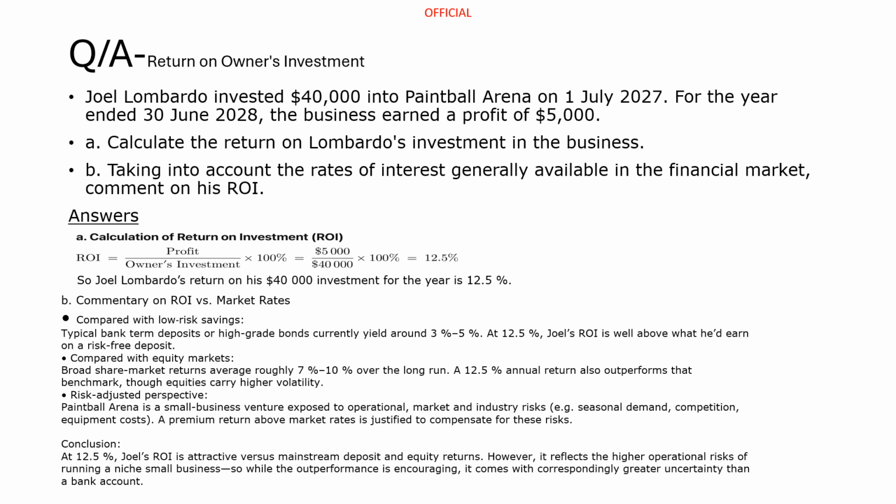However, his paintball business carries high risk, such as seasonal demand and competition. So the conclusion is, while the 12.5% ROI is attractive, it reflects the greater risk and uncertainty of running a small niche business versus safer investment options.